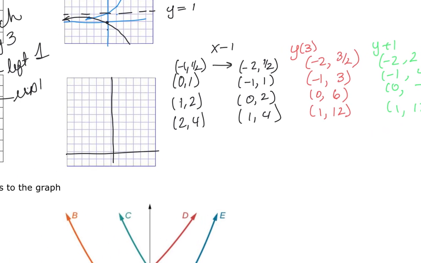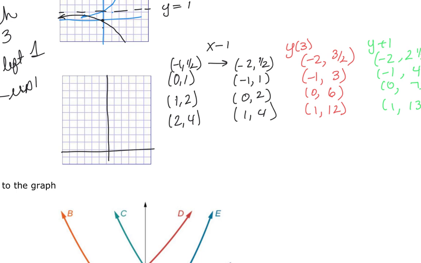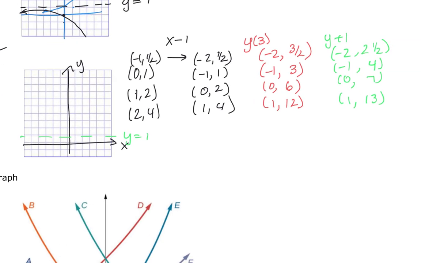All right. So here is my y. Here is my x. My horizontal asymptote has moved up 1, so that becomes y is equal to 1. The point which should have been at 0, 1 goes to negative 1, 4. So negative 1, 1, 2, 3, 1, 2, 3, 4.